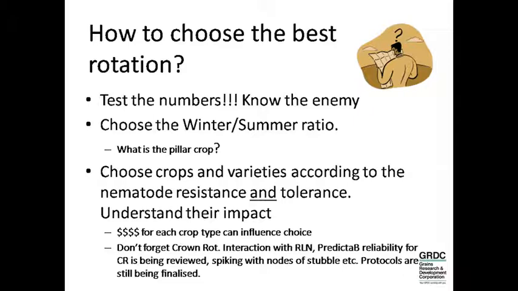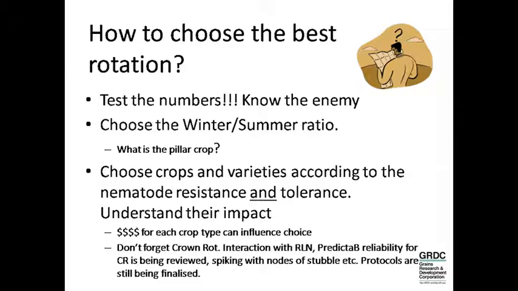Then, once you've worked out how it's all going to work, you've got to look at the crops and the varieties according to nematode resistance. We've heard, and we've really got to understand, the difference between resistance and tolerance. Resistance is what's happening with the numbers, what you can do to manipulate those numbers. Tolerance, and we've heard a lot of work from Kirsty before, is the yield result.